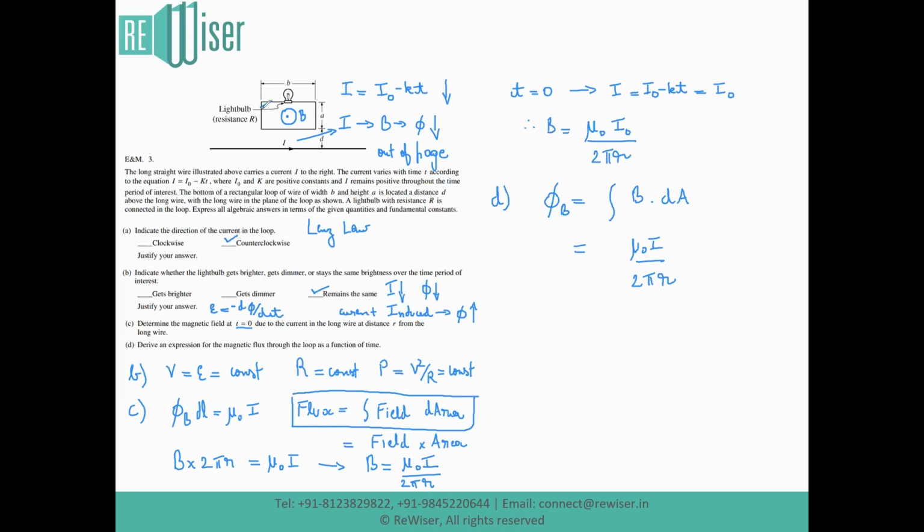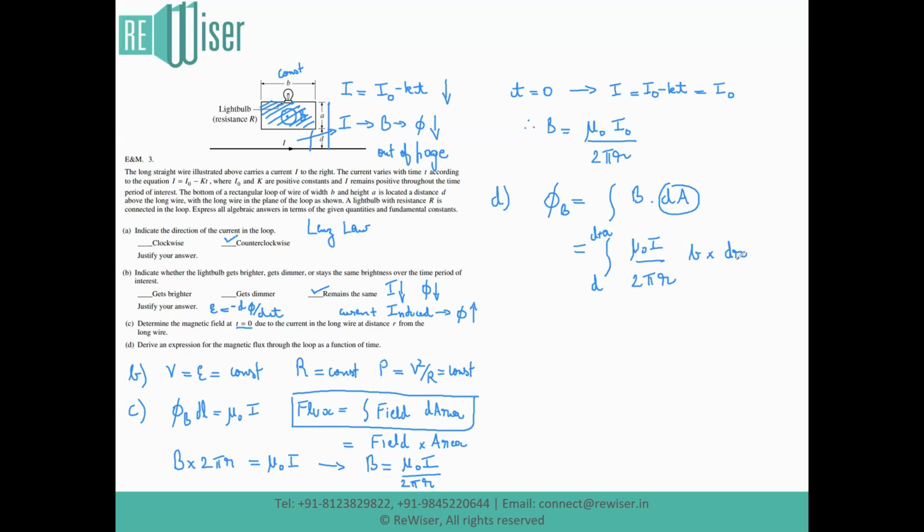I know that the area here in question is such that the width b remains a constant while the length varies from a distance of d as shown here to a distance of d plus a as shown here again. So the limits of my integration are d to d plus a, and dA, which is area, can be written as breadth b times differential of length dr, where r can vary from d to d plus a.